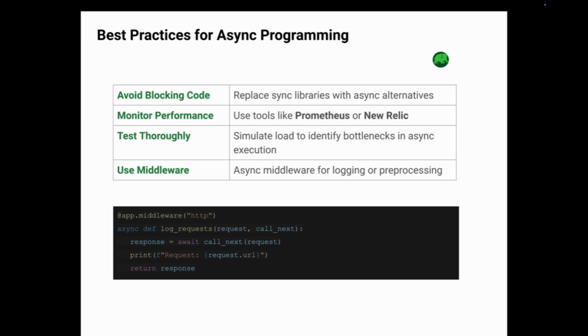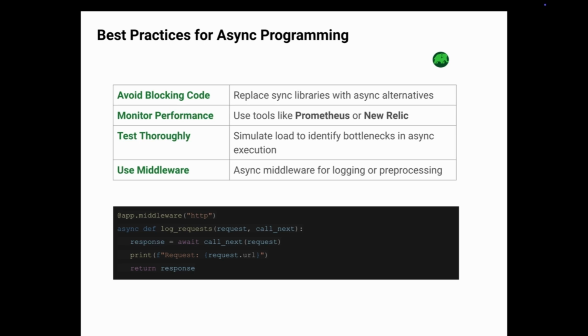Then the last point here is use middleware. Asynchronous middleware for logging or preprocessing. Middleware is a great way to hook into the request or response lifecycle of your FastAPI app. With async programming, you can create async middleware that doesn't block your app while performing tasks like logging, monitoring, or data validation.